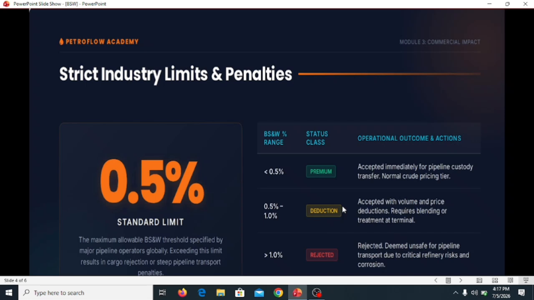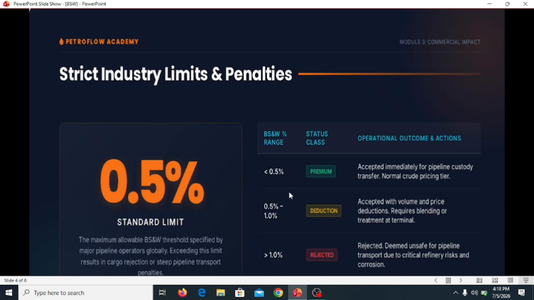So for example, a refinery makes an agreement with an oil company that the water in the crude oil should be 0.1 to 0.5, and after they bring the crude oil to the refinery and take a sample and check it, they notice that the amount of water in the crude oil is 1.0, which is more than the agreement they made.